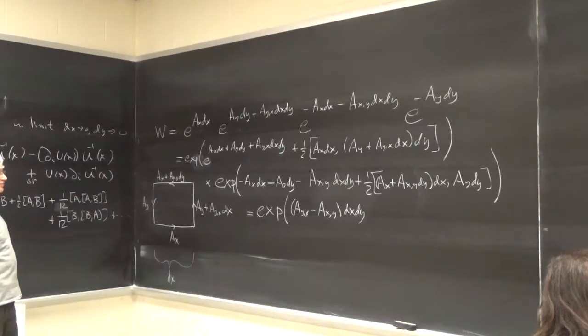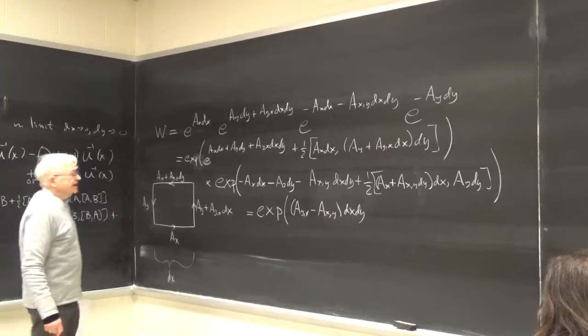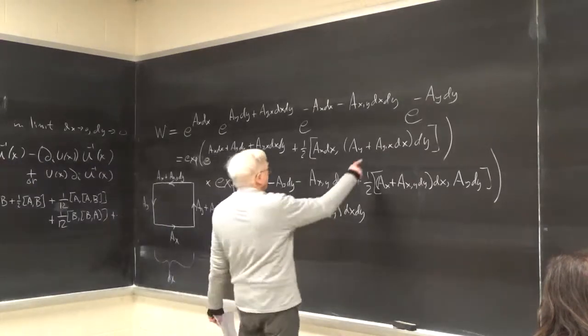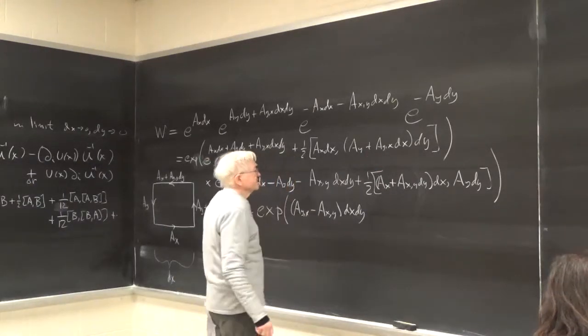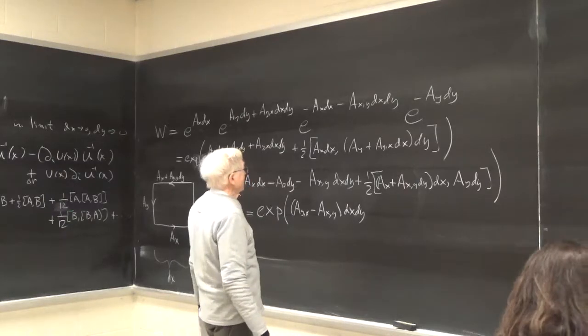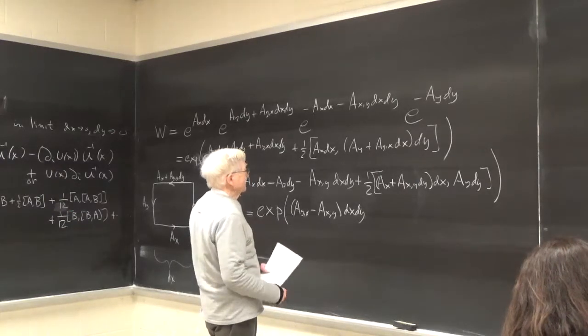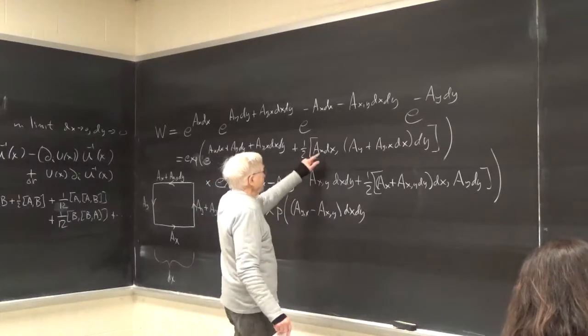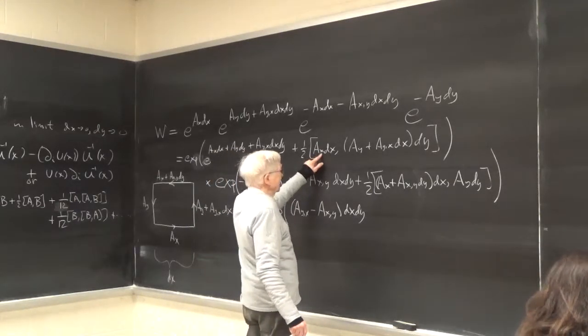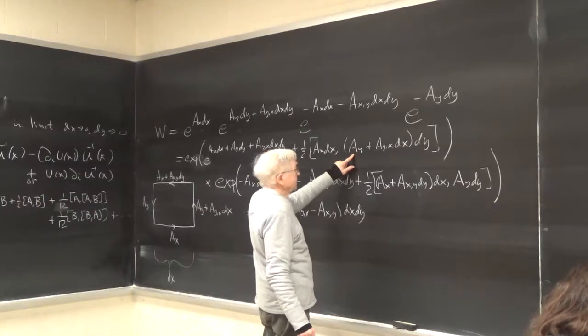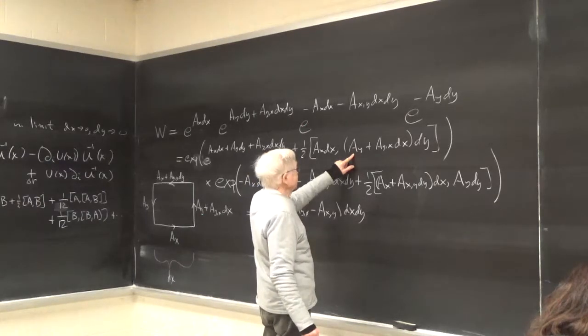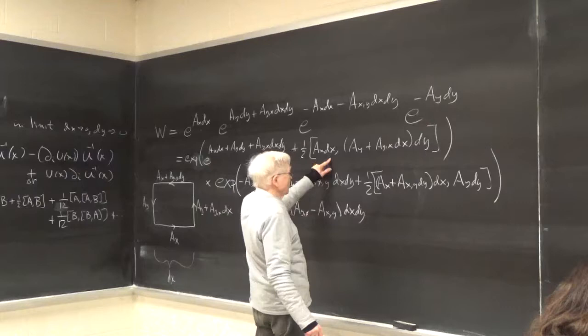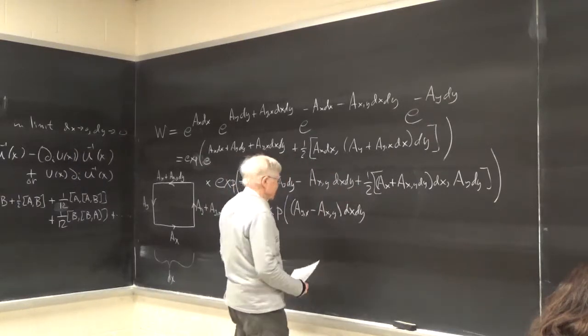and then if we take the sum of these two terms, well, what do we have? Well, we have a couple of terms. One is we have the commutator of a_x with a_y, and that is times dx dy, and it comes in twice.